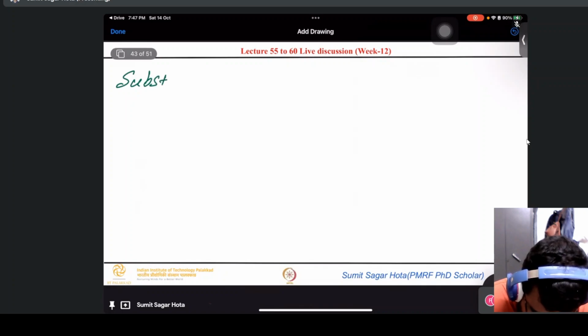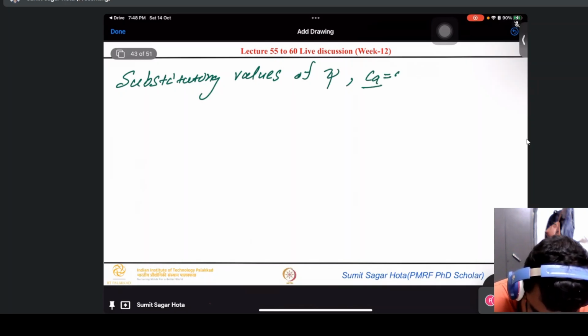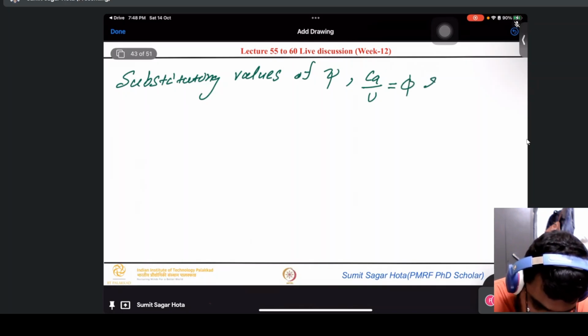Substitute the values of psi, Ca by U equal to phi, and Rx.